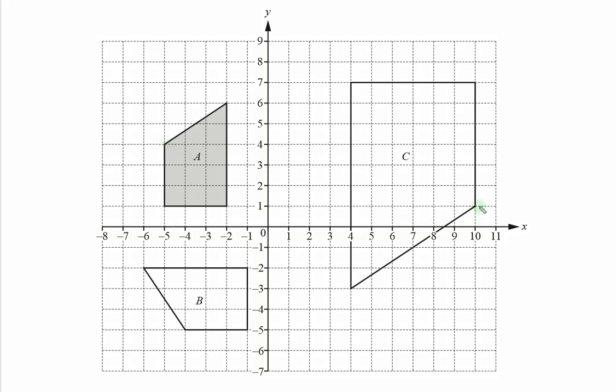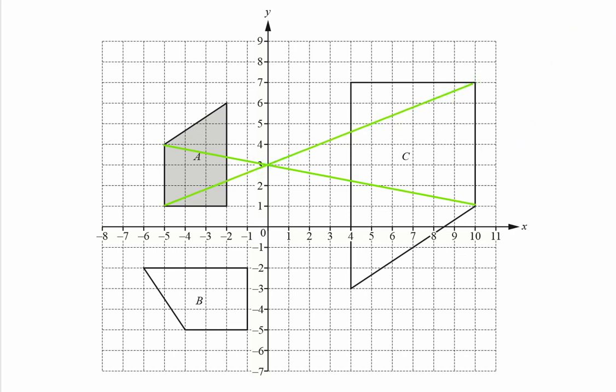This is the corresponding point, so we're going to draw a line joining this with this. Now we're going to draw another one. So this point, the corresponding point is here. So we draw the line again. Okay, so this is the intersecting point.